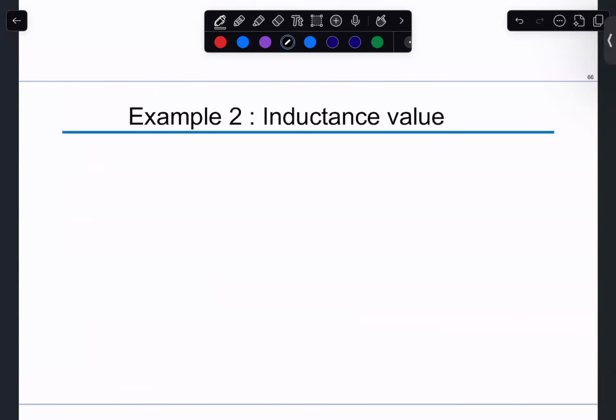So what do we mean by ripple? If you look at the current through the inductor, it's something like this, and this delta I on is equal to delta I off. This is the ripple of the current.